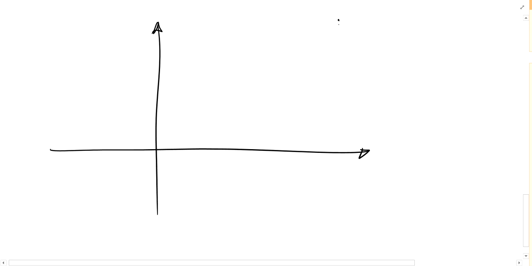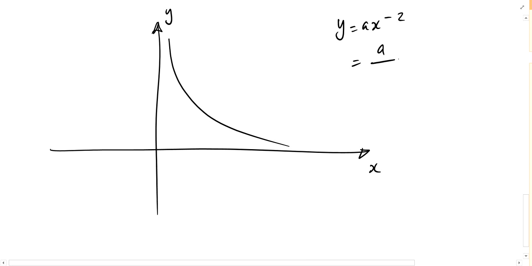Why is it that the graph of y equals ax to the power negative 2 must look like this? Why? Let's think about what happens when x gets bigger and bigger. A is just a constant. A is a positive number. When x equals 1, we have y equals a divided by 1, which is a.